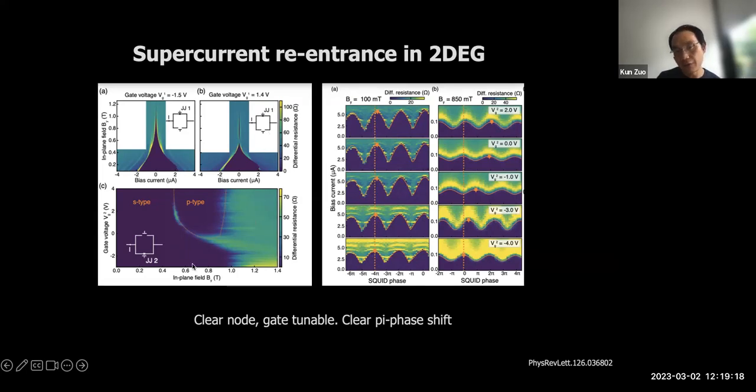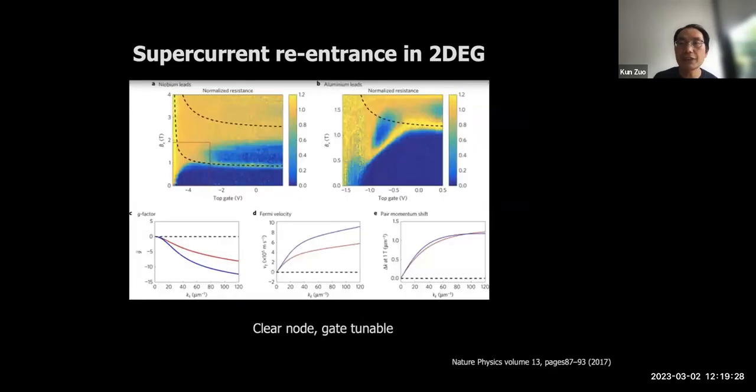They attribute the supercurrent reentrance to a transition from S-type to P-type superconductivity, right? Yet another paper in Nature Physics 2017 claimed the supercurrent reentrance for a different mechanism. They still have clear nodes and gate tunability.